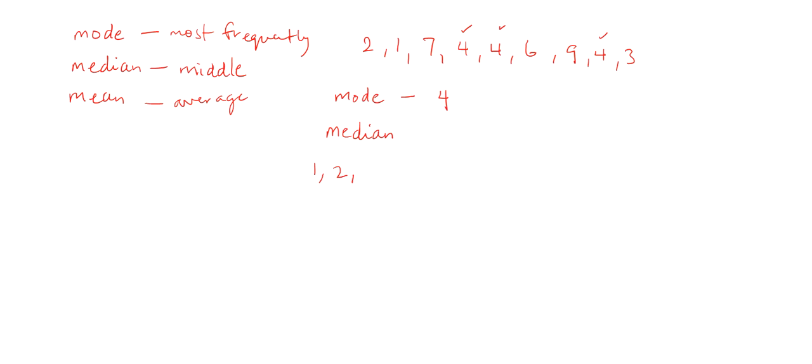We have 2, then 3, then 4 appearing 3 times, then 6, then 7, and 9. So I have arranged the numbers in ascending order. That's very important.